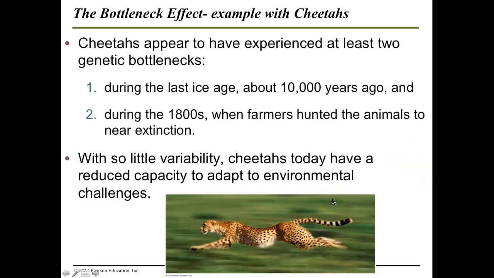So cheetahs are not as healthy as they were more than 10,000 years ago, because their genetics are very similar, and so they're going to be more alike now. It's like interbreeding. You don't want to interbreed because your gene pool gets narrower and narrower, and then you start having abnormalities show up.